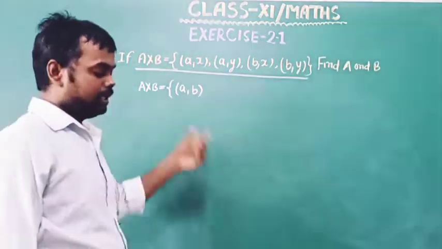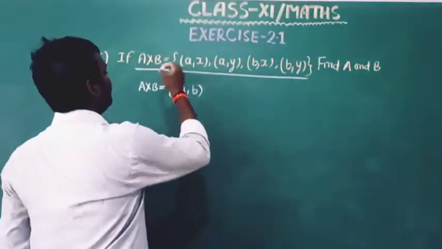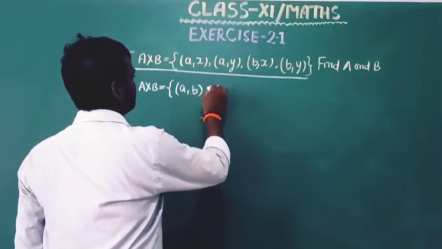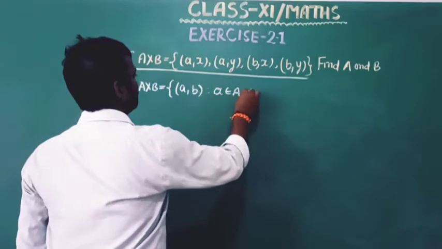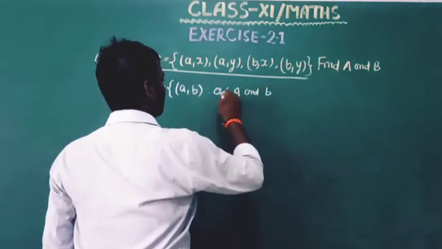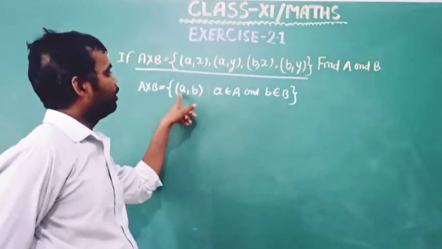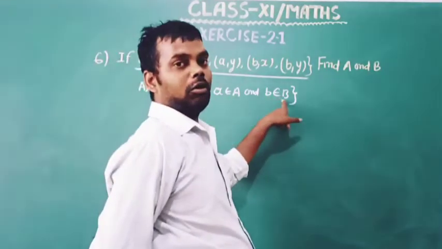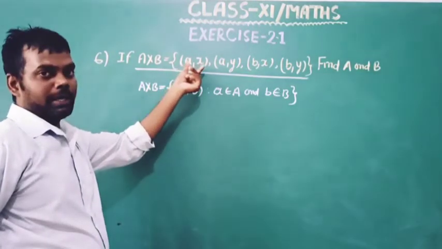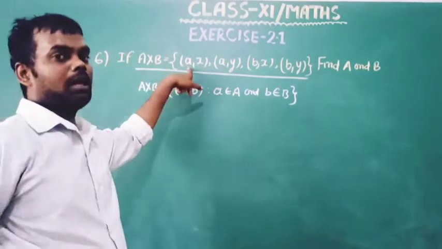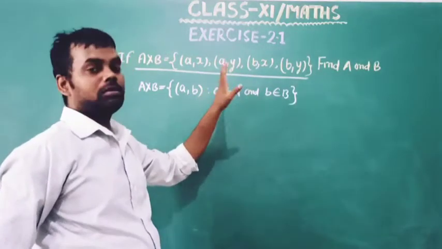The Cartesian product A cross B is the set of all ordered pairs (a, b) such that a is an element of set A and b is an element of set B. This means the first component belongs to set A and the second component belongs to set B.